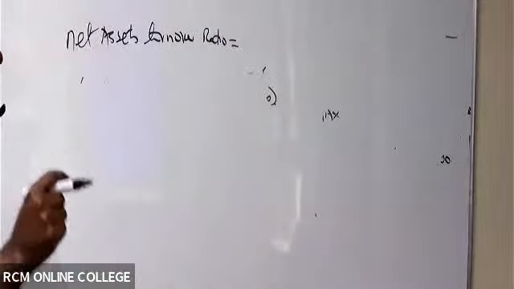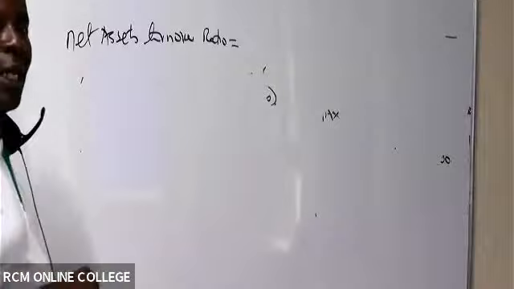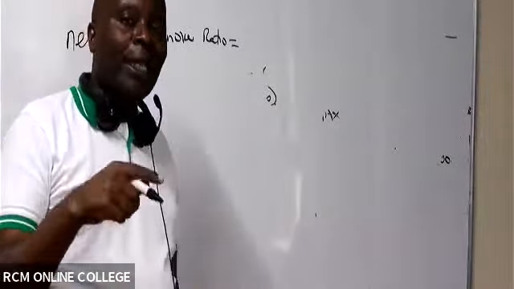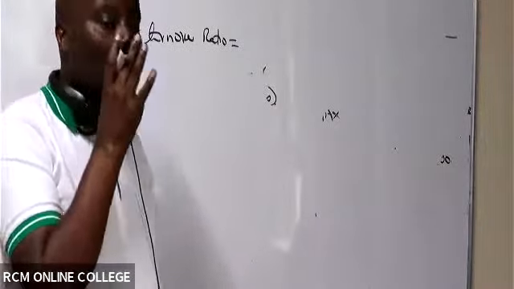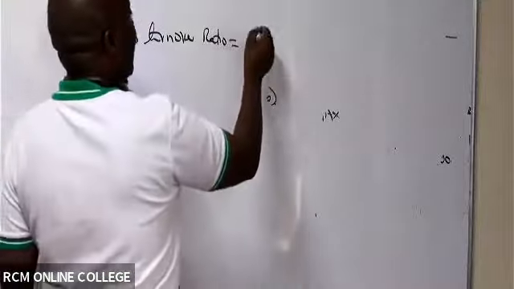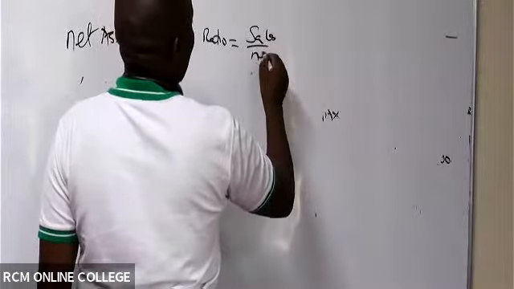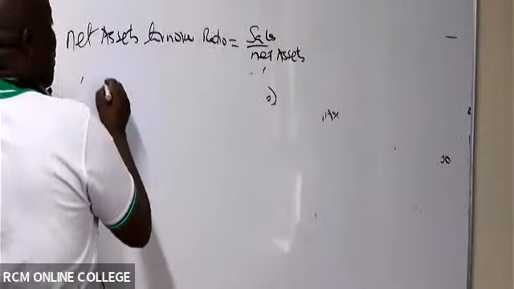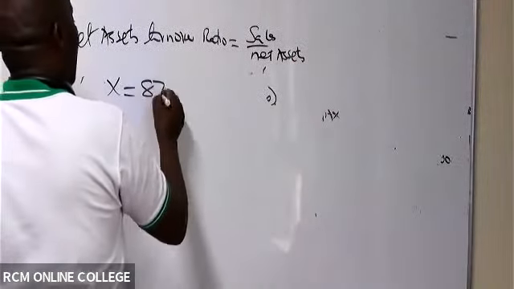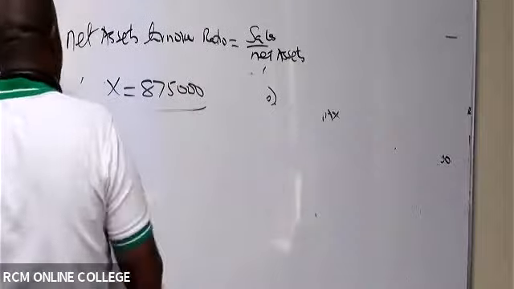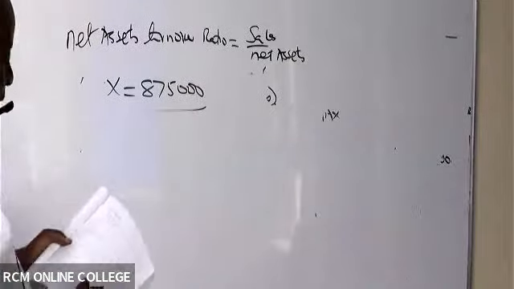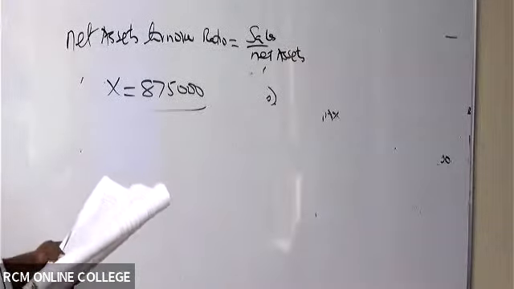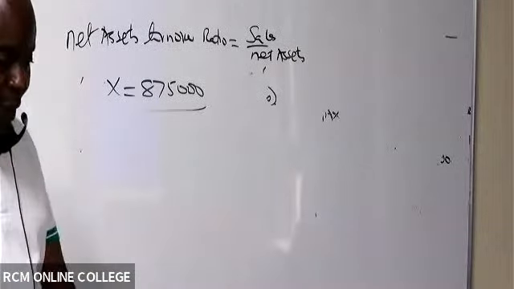Actually, what I normally tell my students, if the examiner is silent like this examiner, always calculate both of them. So when they talk of net assets, then I will take sales over net assets. So sales for X is 875,000 divided by, is there somebody who is able to see the net assets of X? Anybody who is able to see the net assets of X?